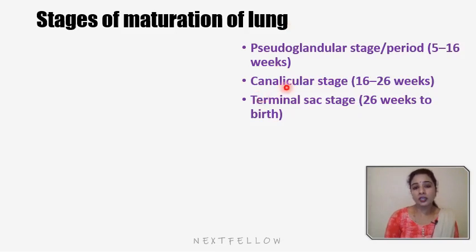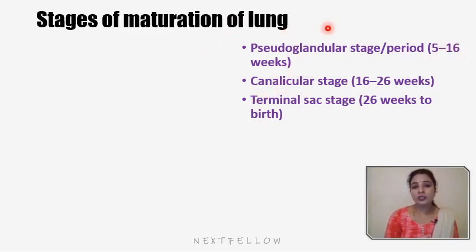Second one is the canalicular stage, which exists between 16 to 26 weeks. So in pseudo-glandular stage, one thing to be noted, the respiration is not possible in this stage. Hence, premature fetuses cannot survive if they are born during this stage.